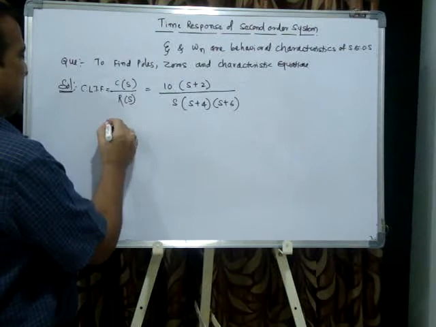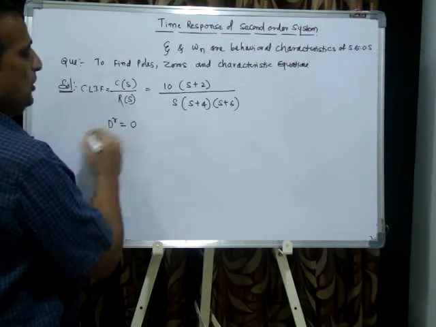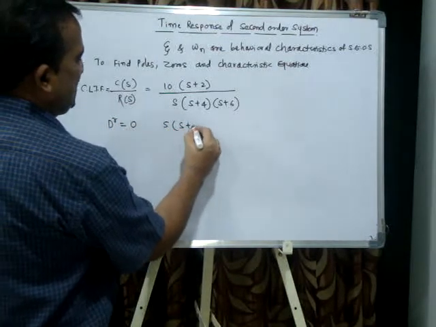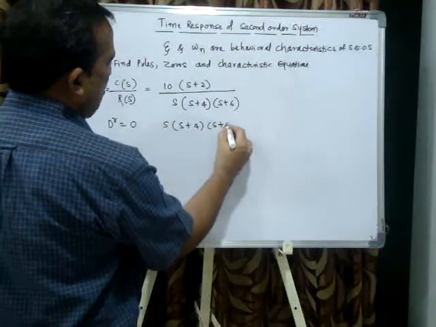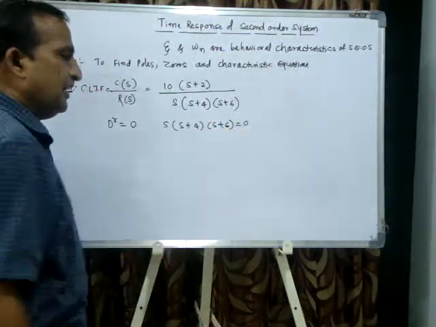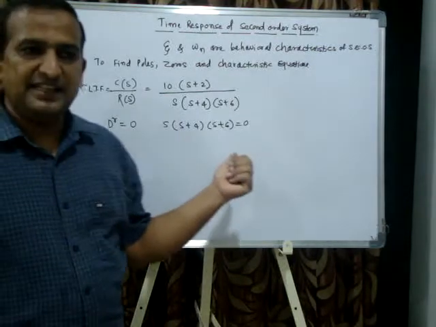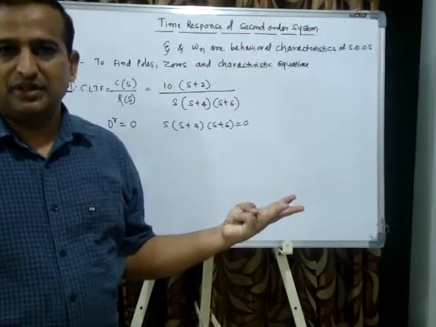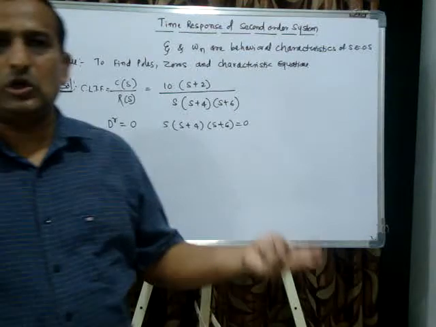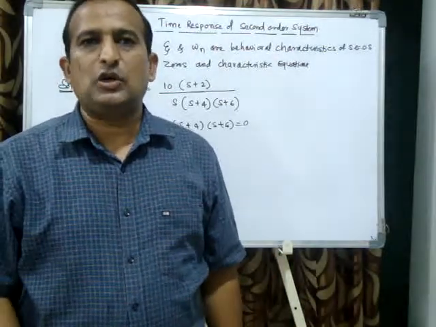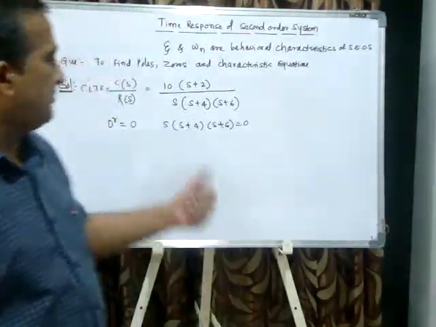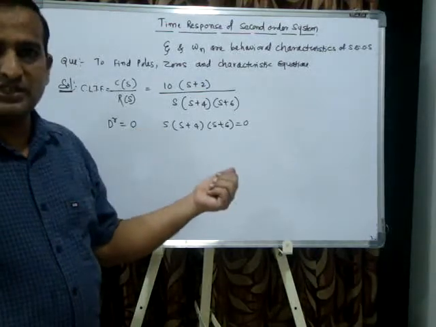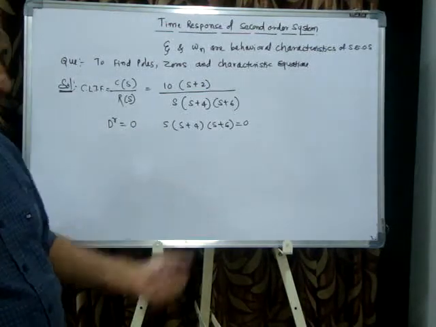Suppose for example, if I make the denominator equal to 0, then S into bracket S plus 4 and S plus 6 is equal to 0. Here the highest power of S is 3, so that we will get 3 poles. In mathematics they are called roots, but in control systems they are called poles. Sometimes it may be 4 poles, sometimes 2 poles.